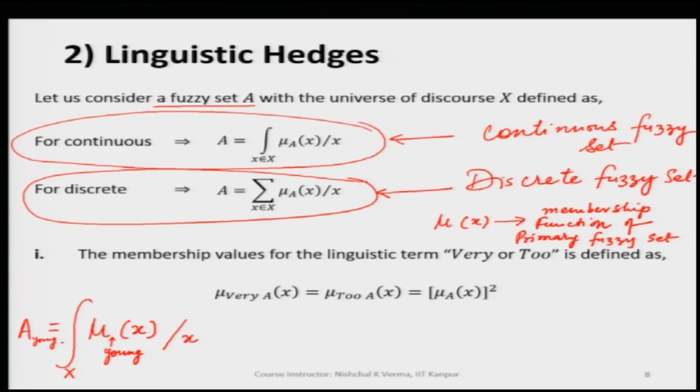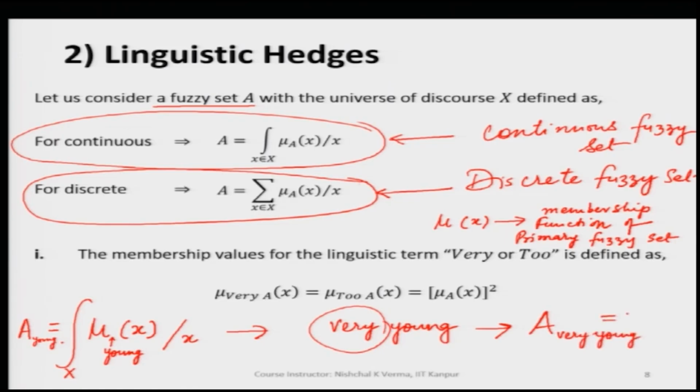Now, let us say we would like to modify the fuzzy set like this, like very young. How can we make use of this mu x and convert it into very young? We have used very before young; young we already know. So, how can we get a fuzzy set A for very young?